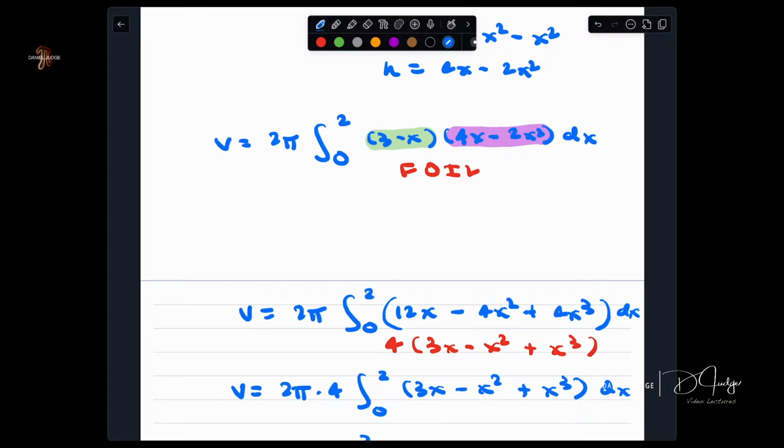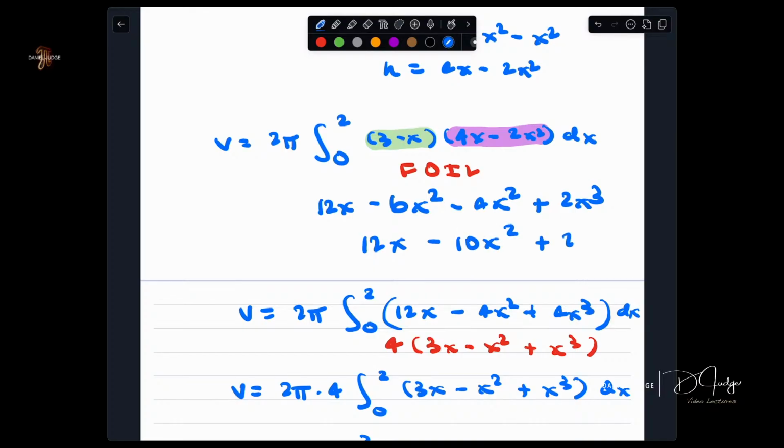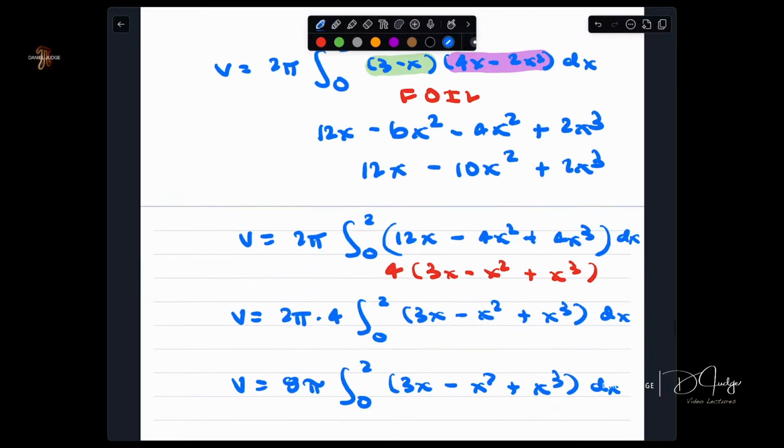First term, 12x minus 6x squared minus 4x squared plus 2x cubed. 12x minus 10x squared plus 2x cubed. Okay. Looks like my FOIL is all messed up.